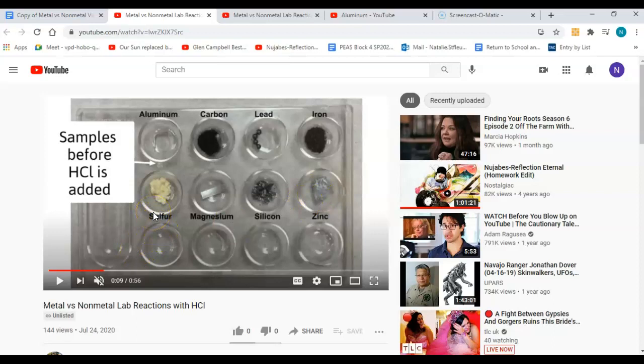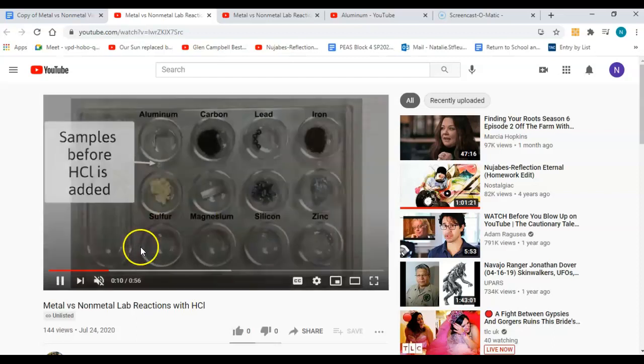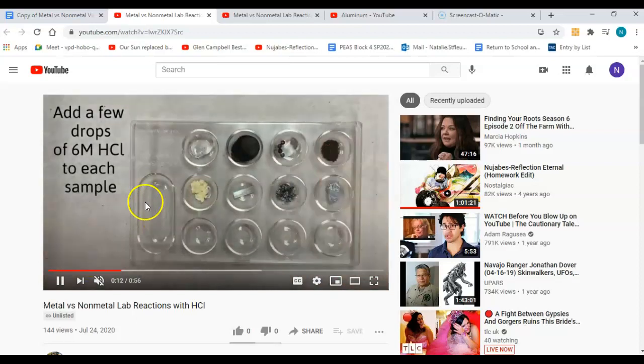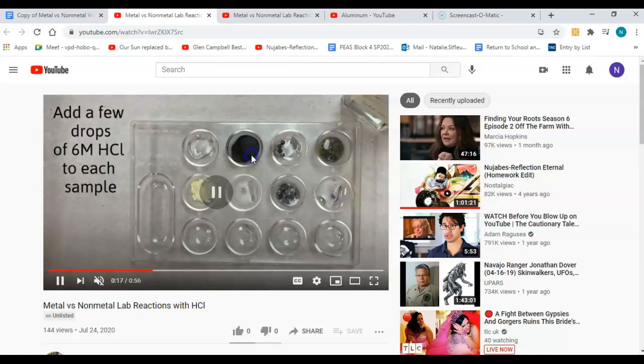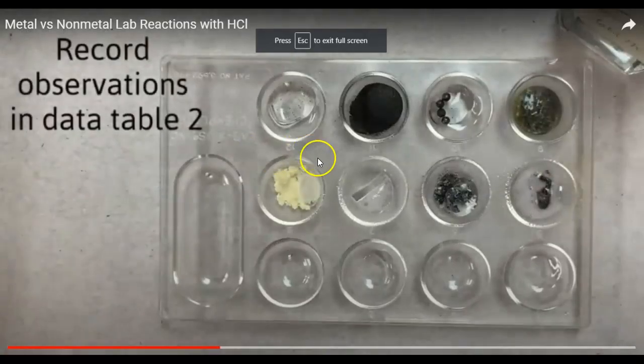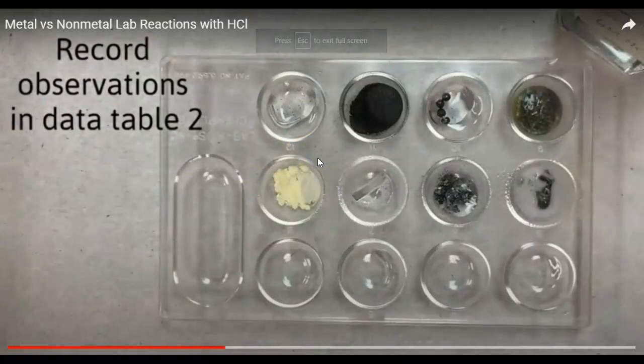What this person will do is add a drop of HCl to each one, and you're observing the reactivity. You're going to record your observations, what you notice, and then use that to describe the element as very reactive, somewhat reactive, or non-reactive.